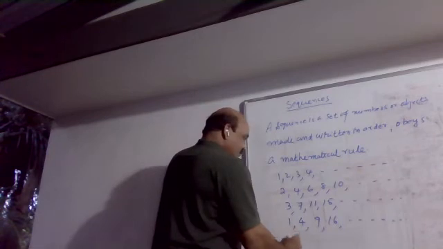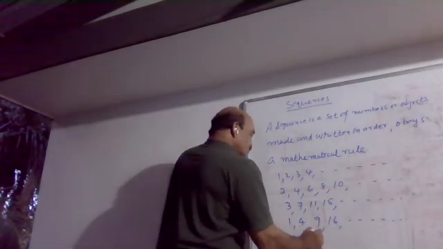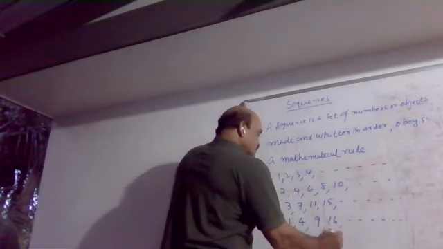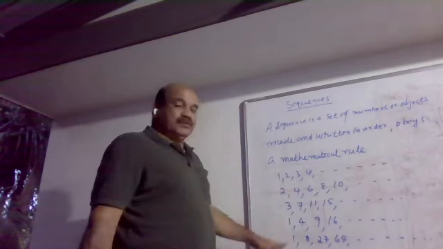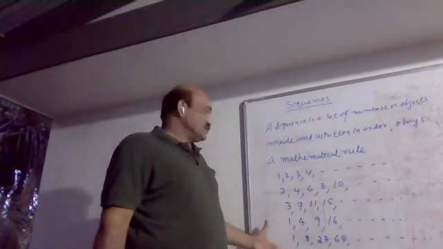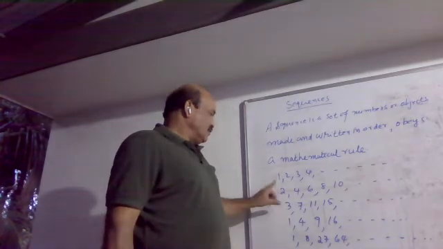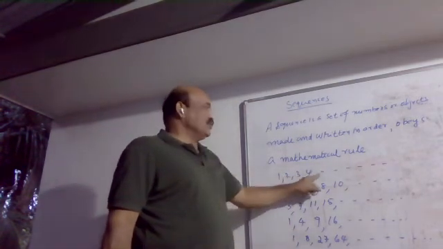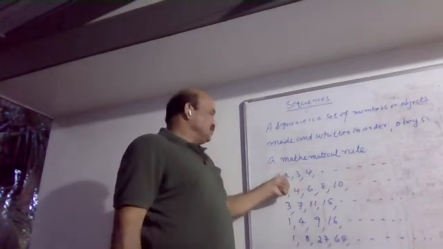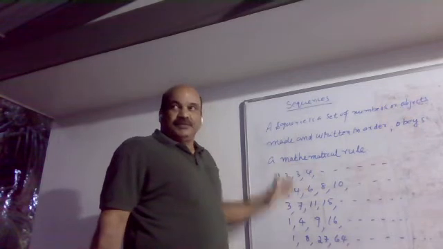Look at another one: 1, then 8, 27, 64, etc. These are all sequences. Some of them have a constant difference, like 1, 2, 3, 4, etc. Each term is obtained by adding a constant, a fixed number.